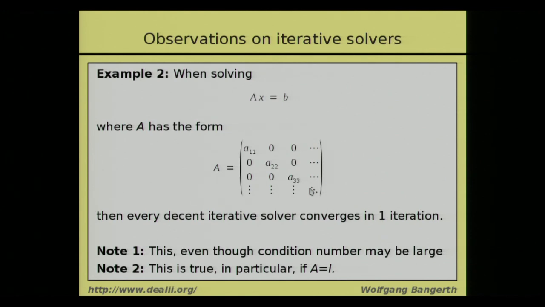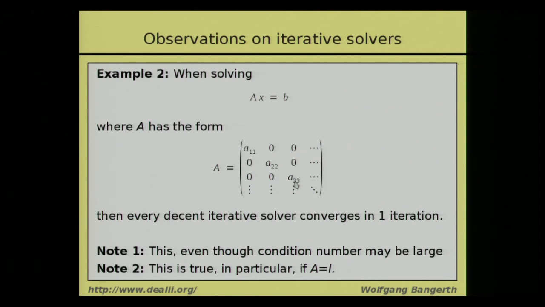And that, of course, makes sense, because solving linear systems with diagonal matrices is really not that difficult. Every solver should converge in one iteration. This is notwithstanding the fact that the condition number of these matrices, of course, might be very large, right? If, for example, A11 is 10 to the minus 9 and A33 is 10 to the 9, then the condition number of this matrix would be 10 to the 18, because the eigenvalues of a matrix like this are exactly the diagonal values.